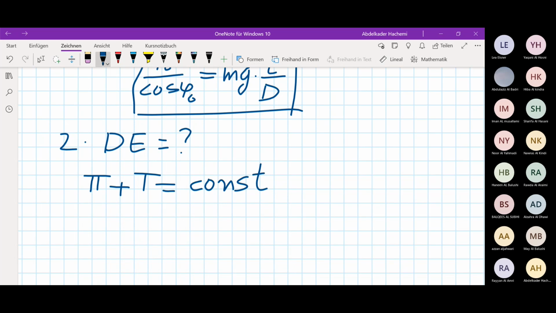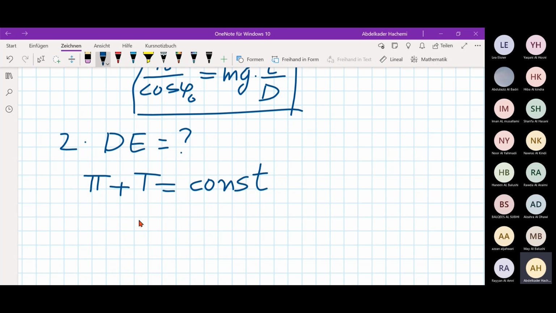Okay, constant, that means at the position phi 0, you have to find the potential as well as the kinetic energy, and at any arbitrary position, we can make P at time T1 plus T1, and it will be equal to P0 at time 0, at rest, P0 plus T0, okay?